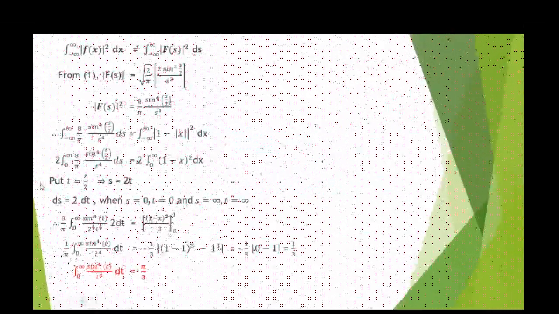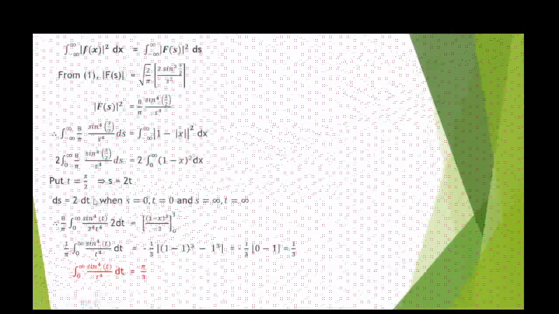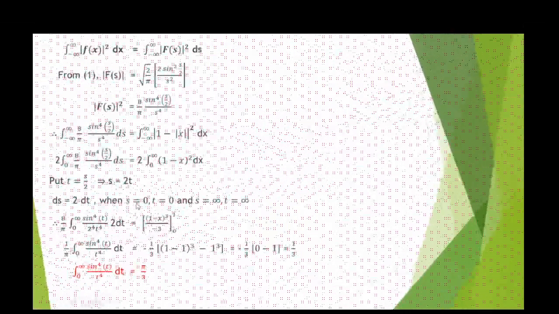So t is equal to s by 2, meaning s is equal to 2t. Differentiating on both sides, ds equal to 2 dt. When s equal to 0, t equal to 0, and s equal to infinity means t is also infinity.